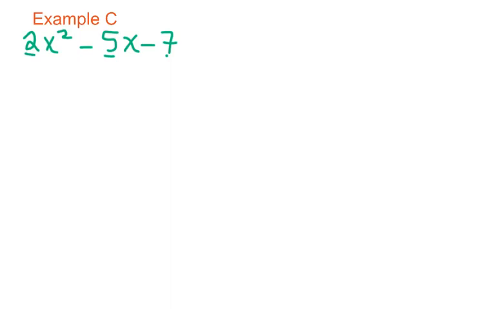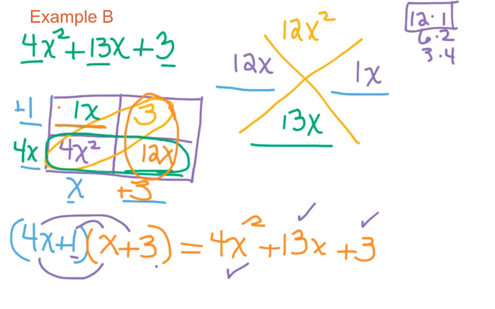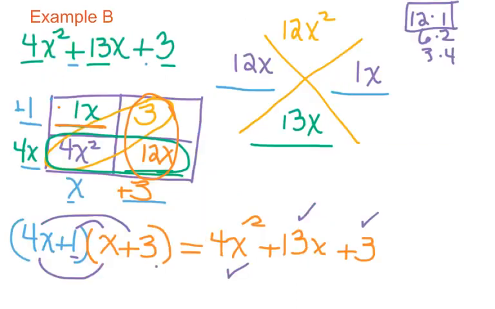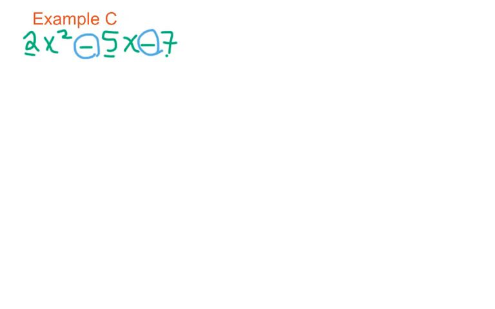I'm also going to note in this one that I've got minus 5x and minus 7, which means I've got to pay close attention to my factors and making sure that I grab the right positives and negatives. Take a look back at example B. Notice that I have positive, positive. And if you go way back to example A, again, positive, positive. So again, I'm making special note of what those values are.